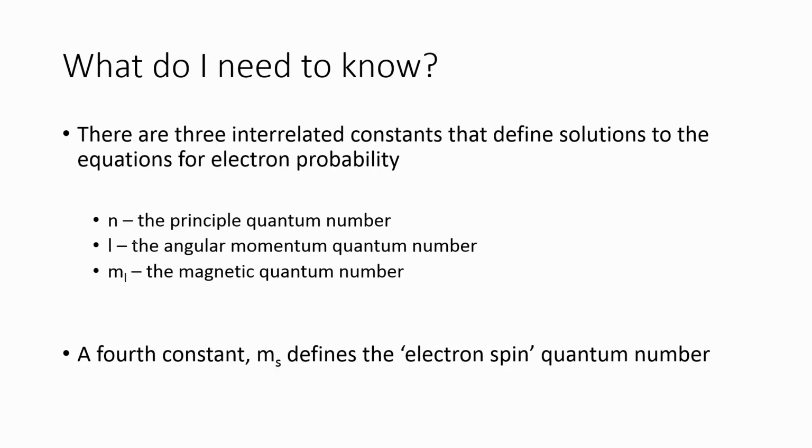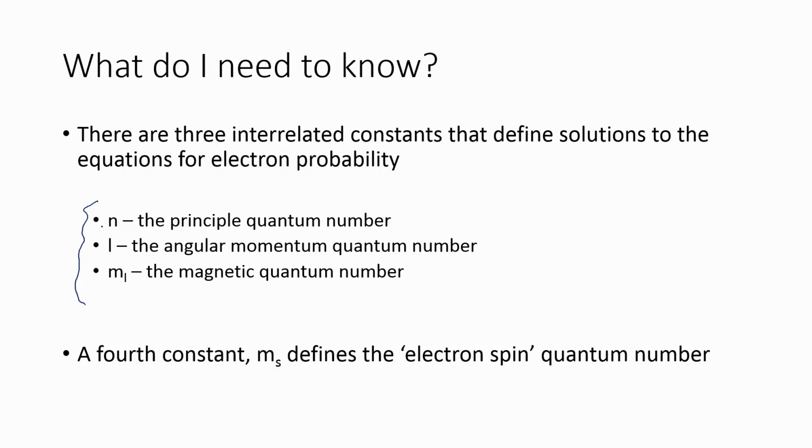What you need to know is when the solutions are found for that particular intensely complicated equation, you get a couple of constants that fall out of that define energy levels for electrons and the probability of finding them in a certain space relative to the nucleus.